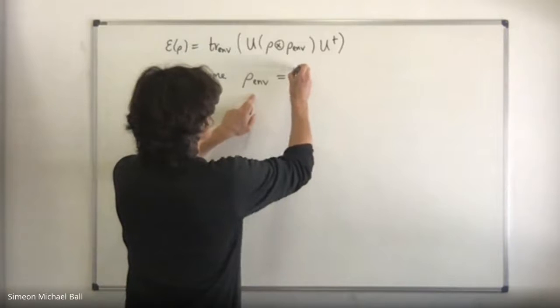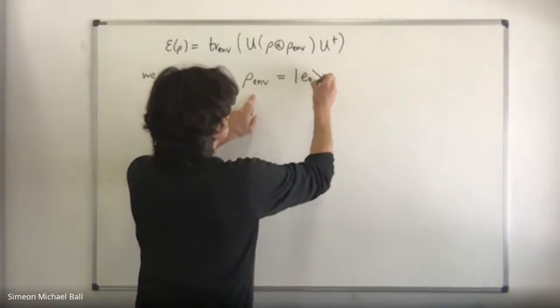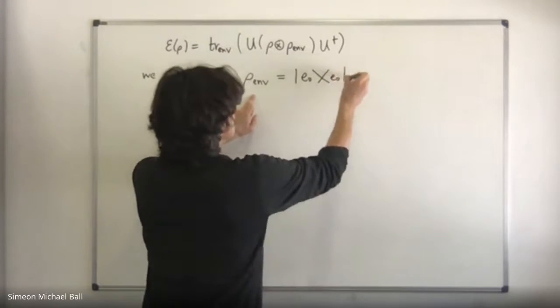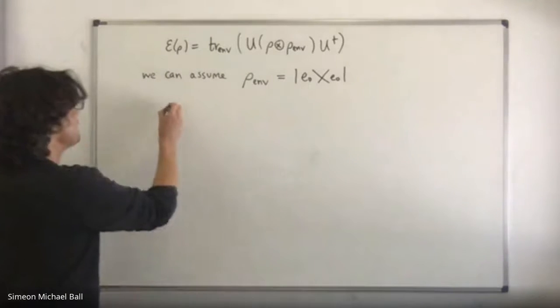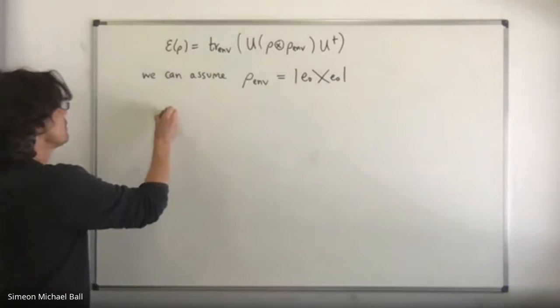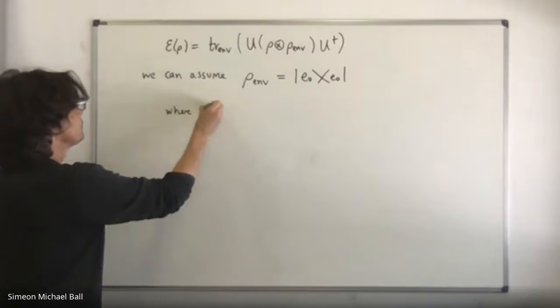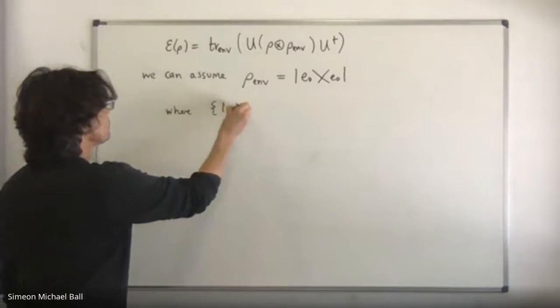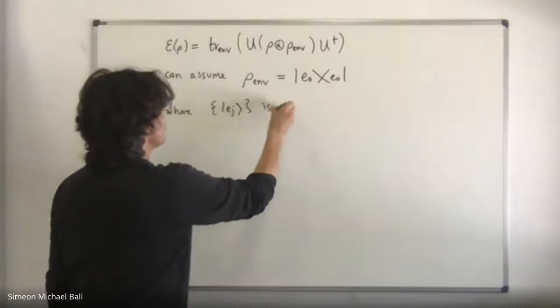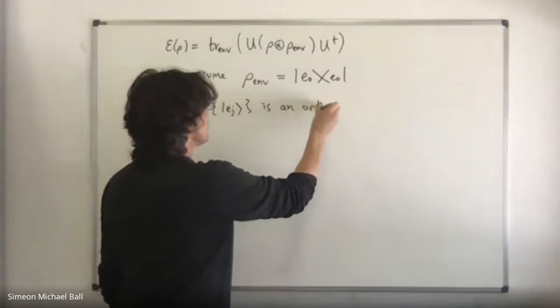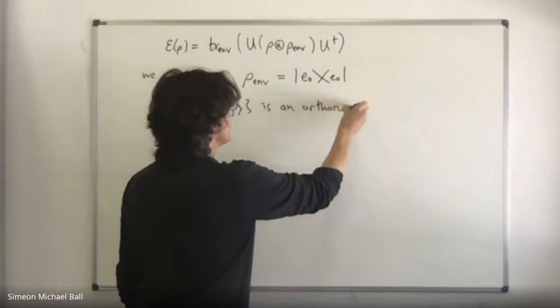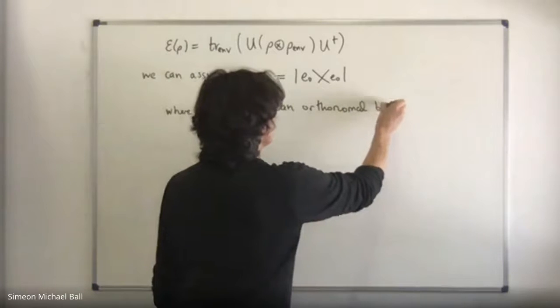So we can assume that this is the ket-bra of E0, and then extend this to an orthonormal basis for the environment.